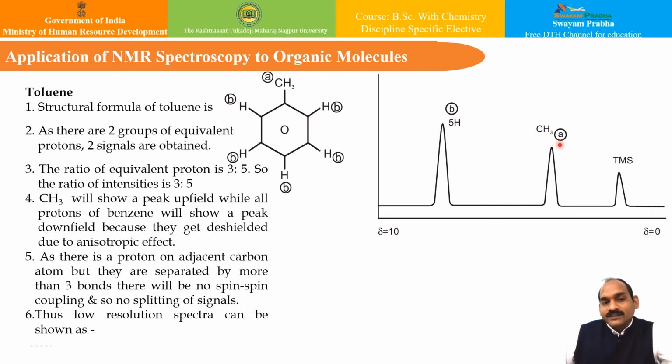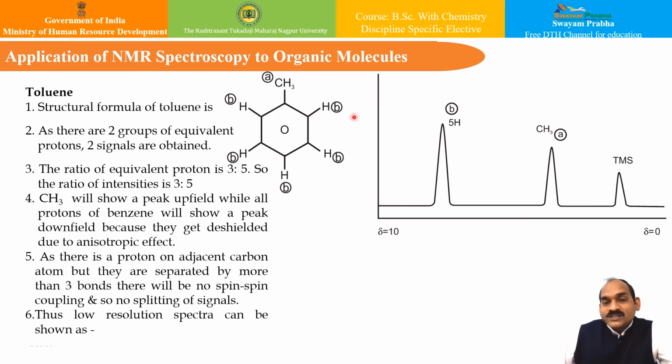This CH3 will show a peak upfield, while all the protons of benzene will show a peak downfield, because they get deshielded due to the anisotropic effect, as a non-uniform environment is present. And although there is a proton on the adjacent carbon atom, they are all separated by more than 3 bonds, as you can see over here.